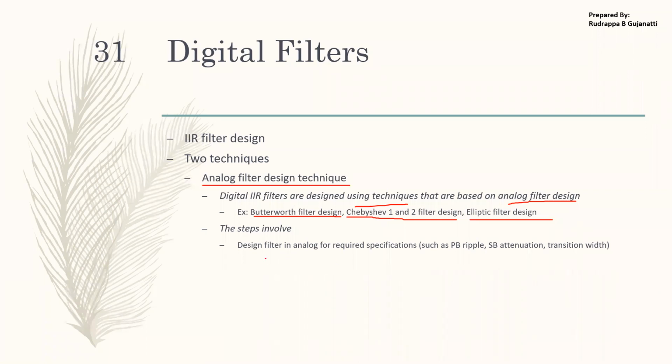First step is to design a filter with the required specifications, but in analog terms. You have to identify the passband ripple, the attenuation in the stop band, and the transition width.